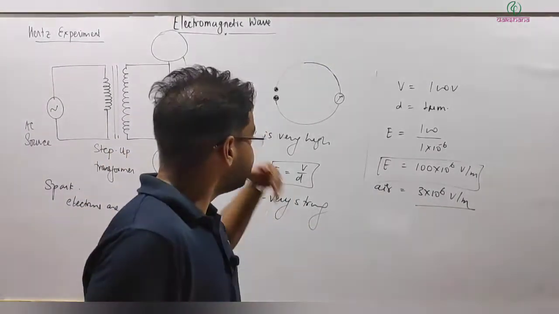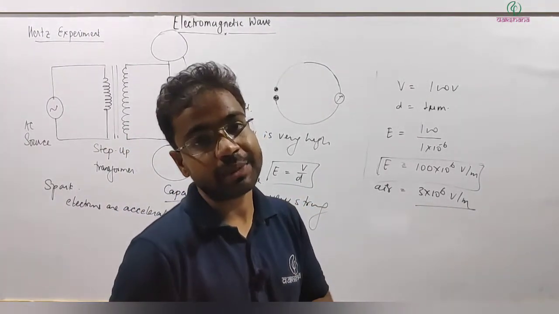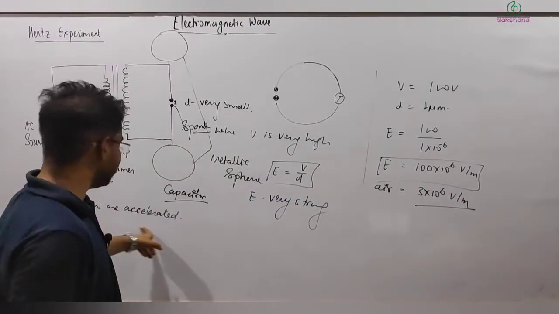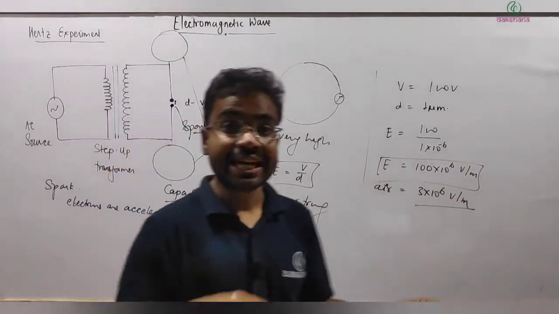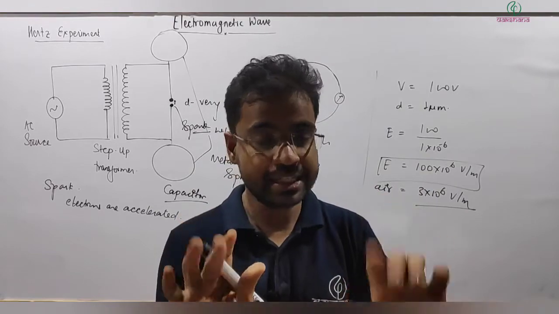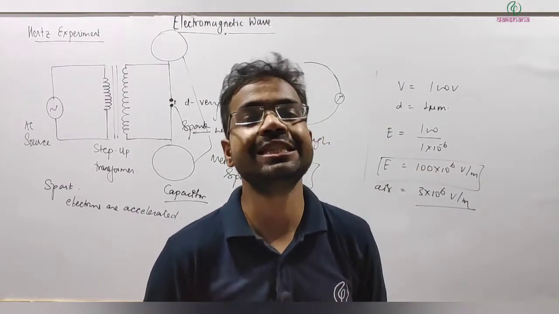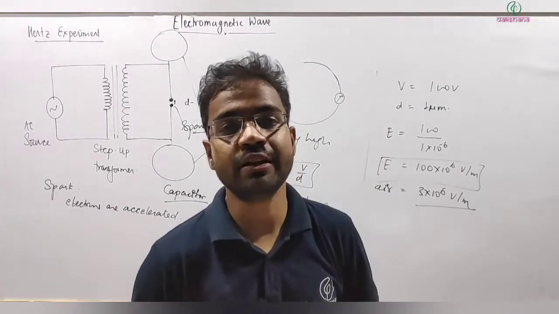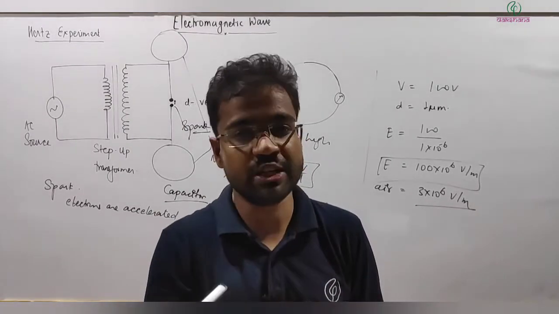And Maxwell said exactly that accelerating charged particles are the source of EM waves. So what do these accelerating charged particles produce? We know a charged particle at rest produces an electric field. If it is accelerating, meaning moving, then it will produce a changing electric field, and we have seen that a changing electric field can produce a changing magnetic field.